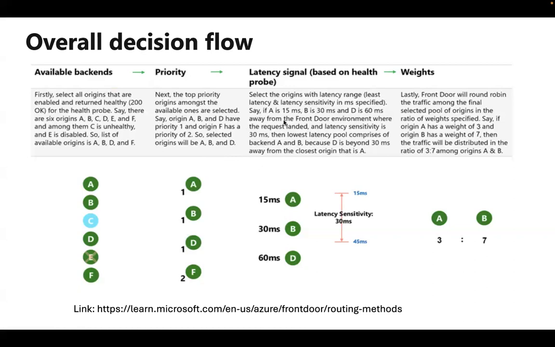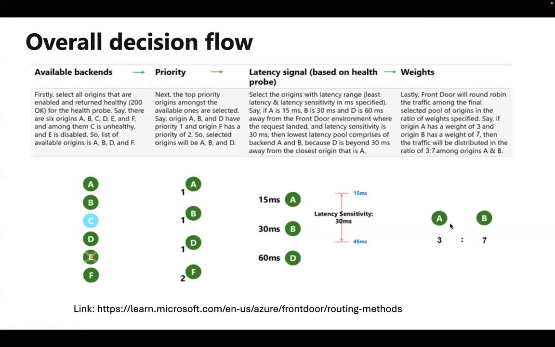Next, out of these A, B, D, which have priority one, the latencies are 15 milliseconds, 30 milliseconds, and 60 milliseconds. There is a latency based on health probe. Whichever has low latency will serve the request, 15 milliseconds. So now A and B are there, which are below 30 milliseconds latency.